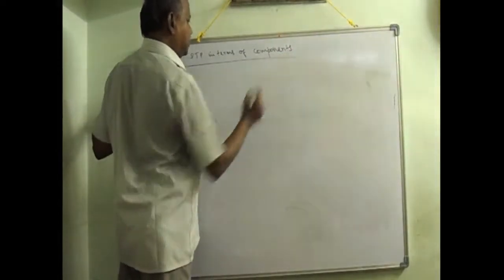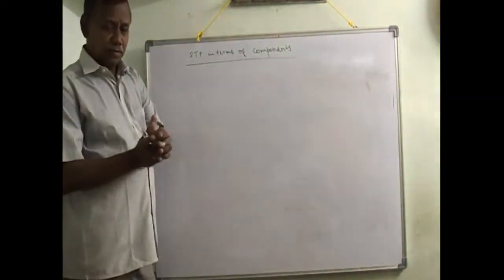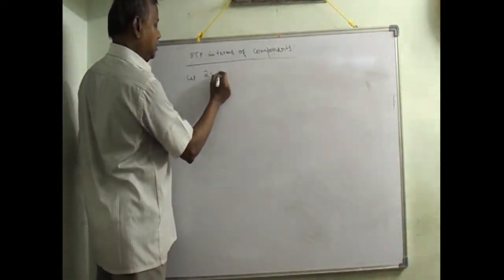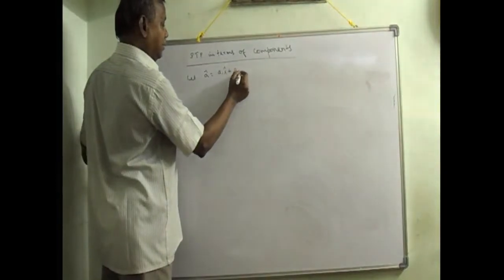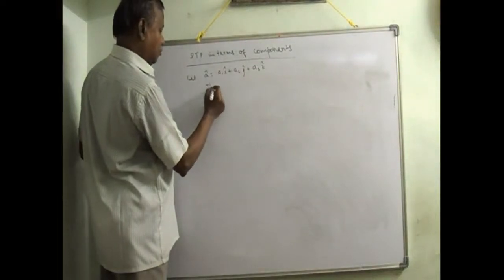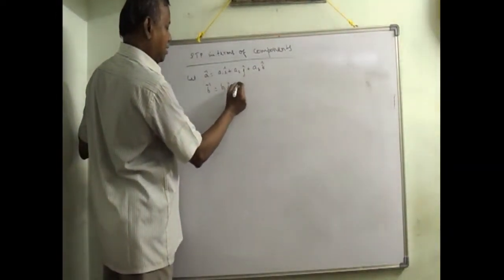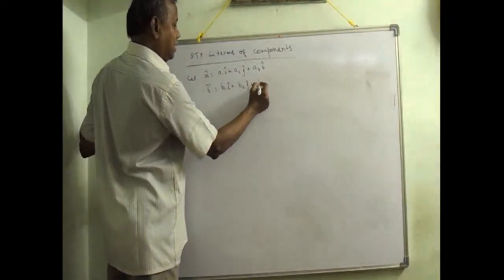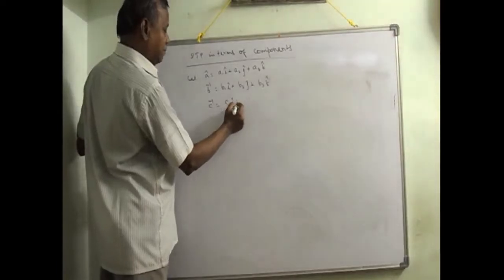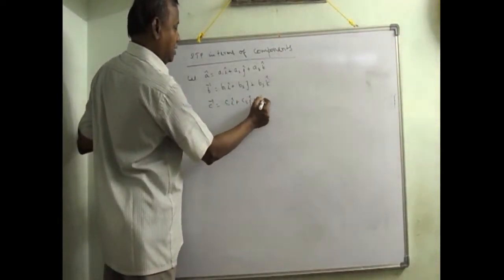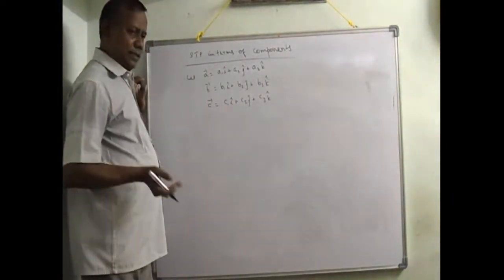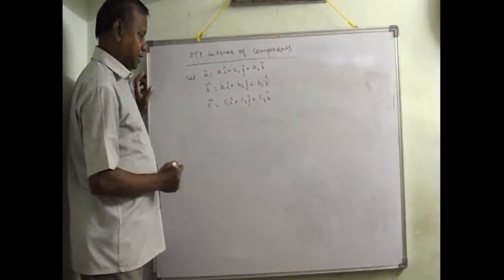What do you mean by components? In terms of rectangular coordinates. That is, let A vector equal A1 i cap plus A2 j cap plus A3 k cap, B vector equal B1 i cap plus B2 j cap plus B3 k cap, and C vector equal C1 i cap plus C2 j cap plus C3 k cap. Now we have to define STP in terms of components.